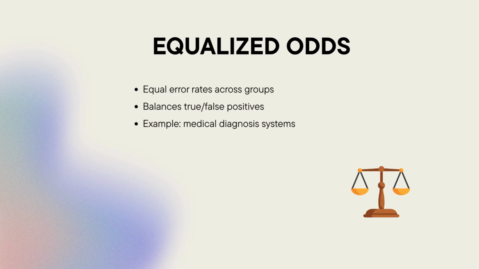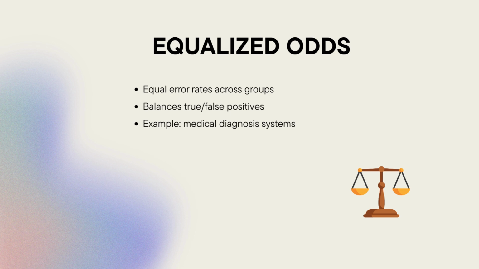Equalized odds is another fairness metric, but instead of focusing on outcomes, it focuses on errors. Specifically, it requires that false positives and false negatives occur at similar rates across groups. Imagine an AI diagnosing a disease. If one group is overdiagnosed while another is underdiagnosed, that system fails equalized odds.